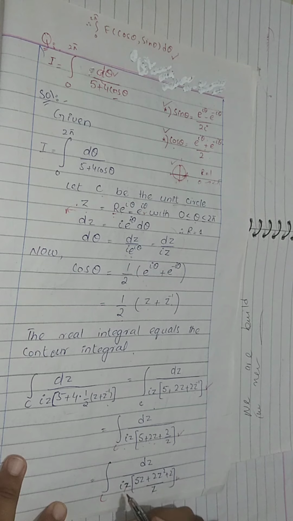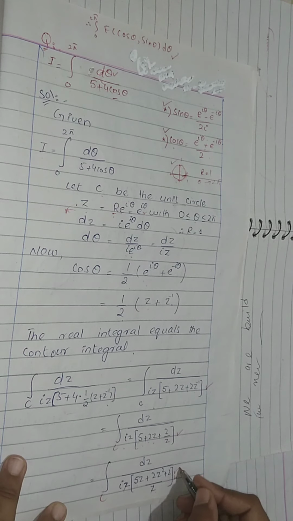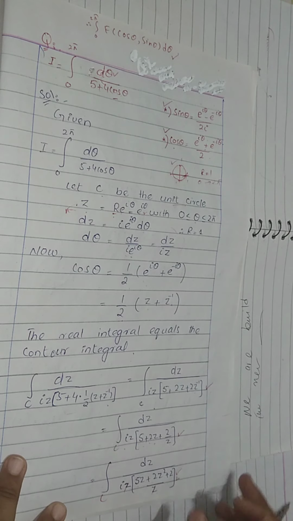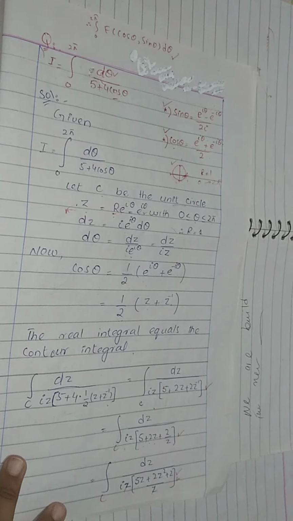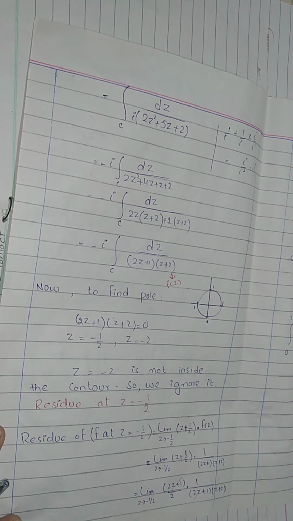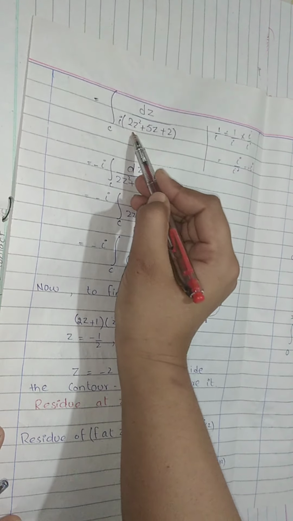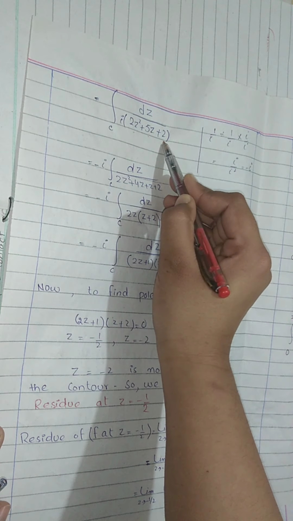Z cancels with z. We have dz by iota times 2z square plus 5z plus 2, arranging the highest power first, then the lowest, then the constant.